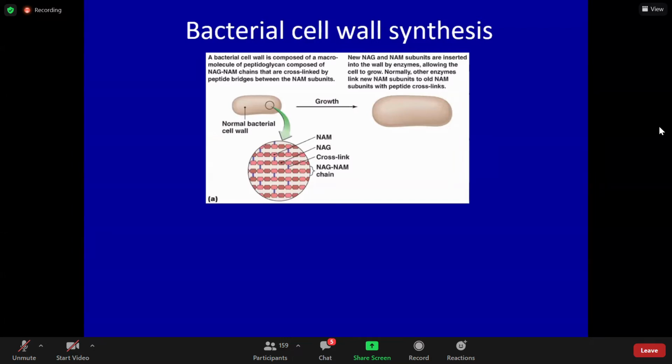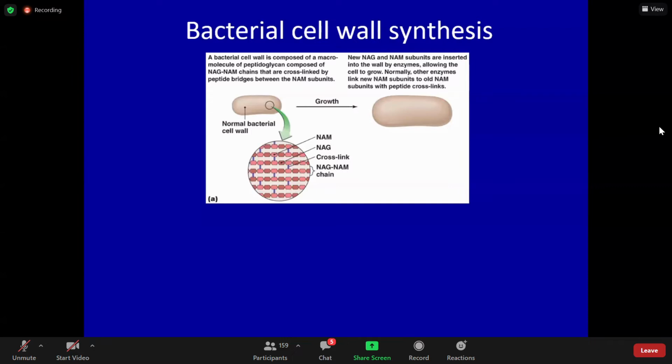Without electron microscopy, without any technology, they at least knew there is some site on the cell wall of the bacteria which provides attachment to the penicillin. So they broadly called it PBP. What does it mean?